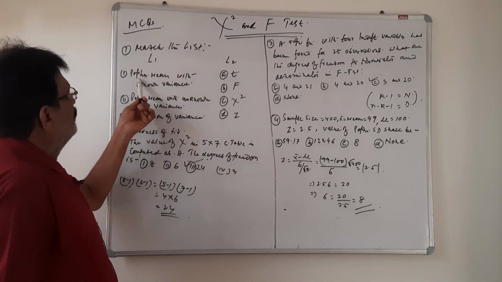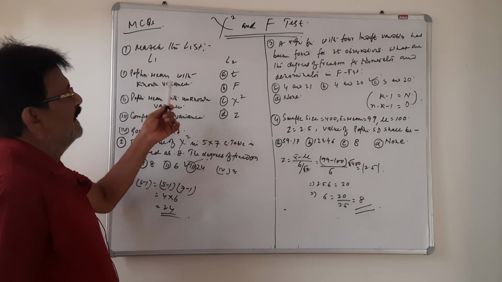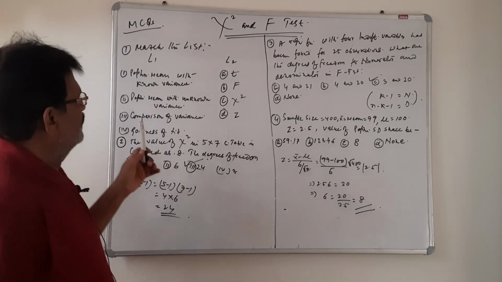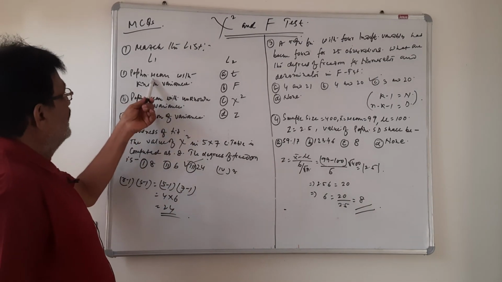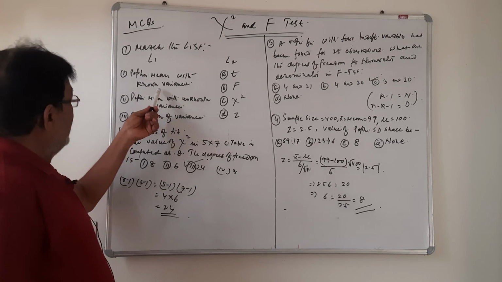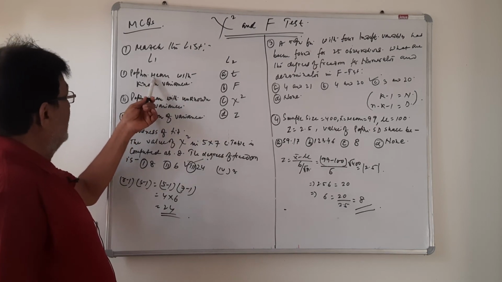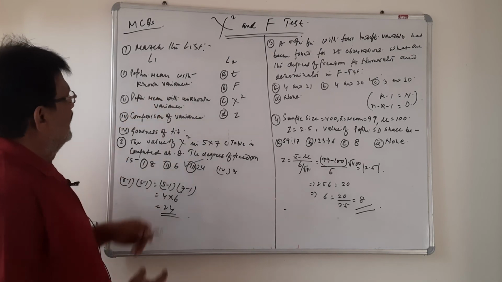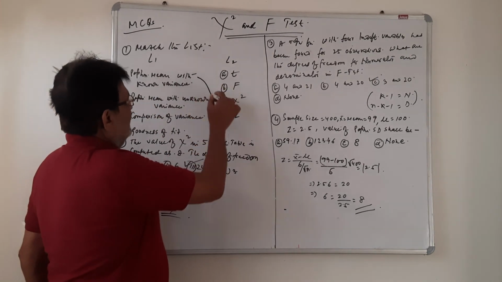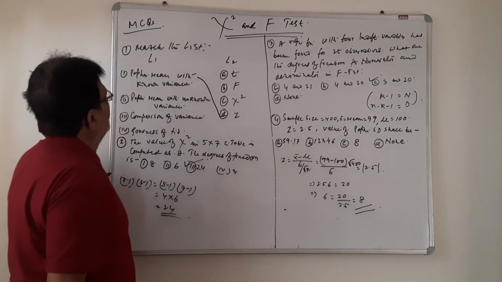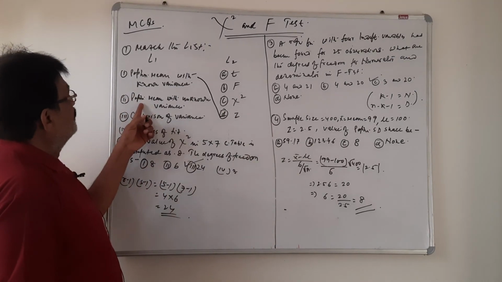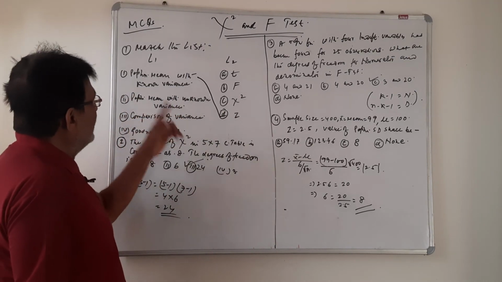Here is population mean with known variance. I have explained in the class that when the population mean and variance both are known, then we use Z test. Second is population mean with unknown variance.